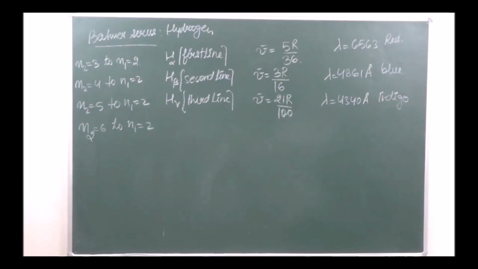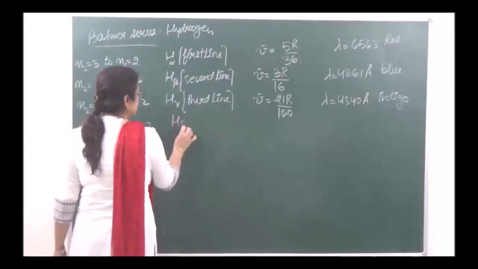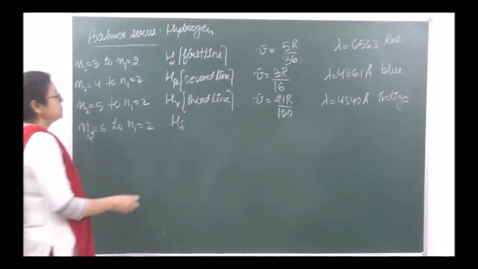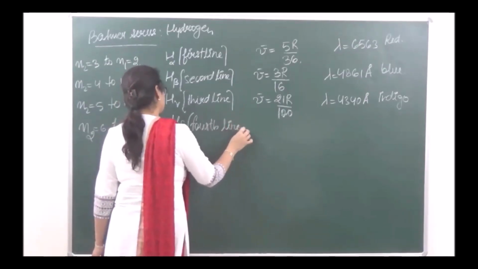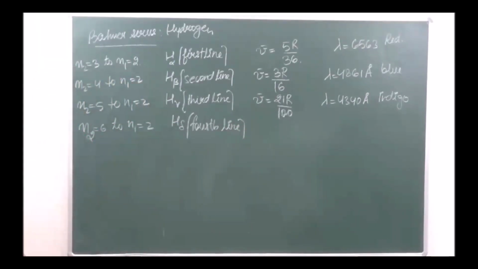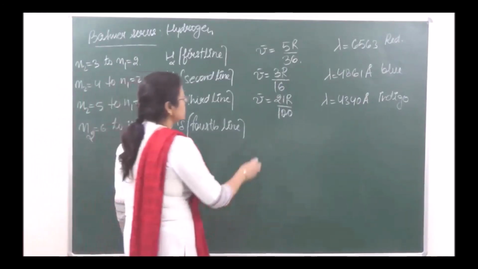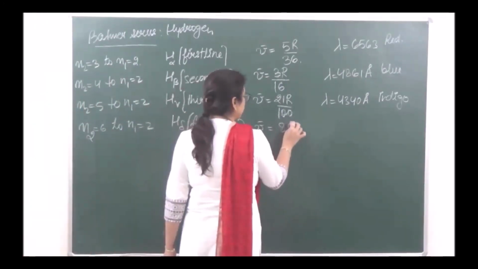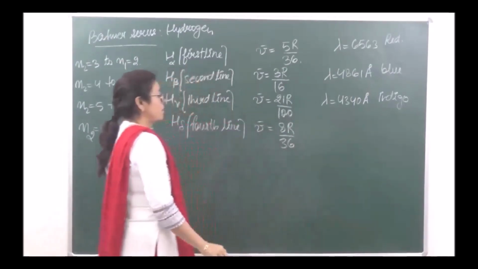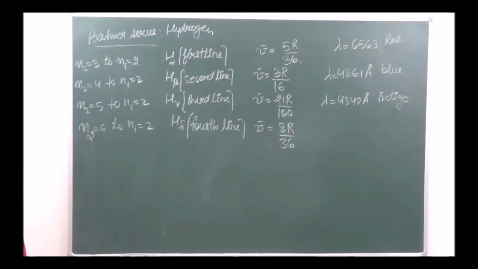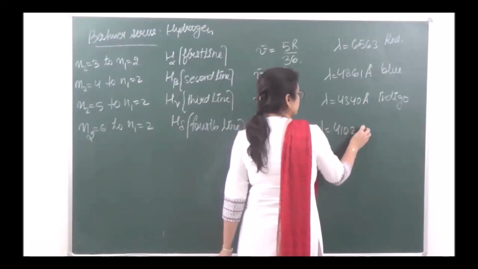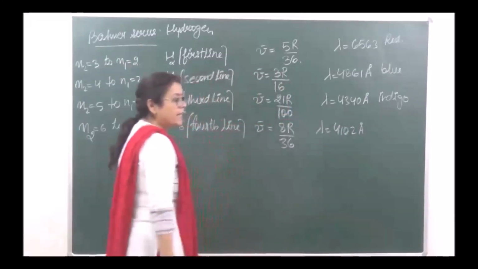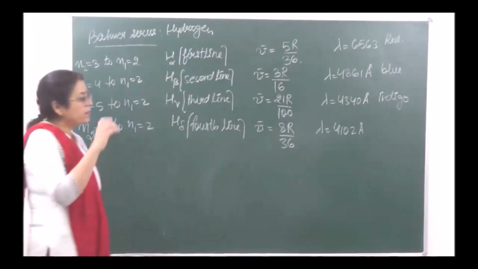This is the fourth line, H delta, and mu bar for this is 8R upon 36, and lambda is 4102 Angstrom. Right? And the color which we are going to observe over here is violet.